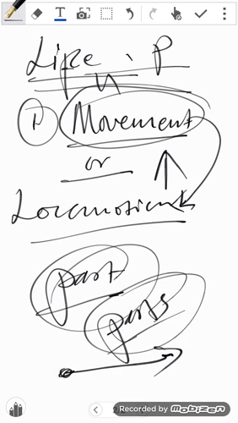The ability that an organism has to move part or parts of its whole body from one position to another, that, my friends, is what we're calling movement. But locomotion just simply means movement. I know this can almost mean the same thing, but you will clearly understand when we look at locomotion as a whole entire topic that it's different from what particular movement can be.